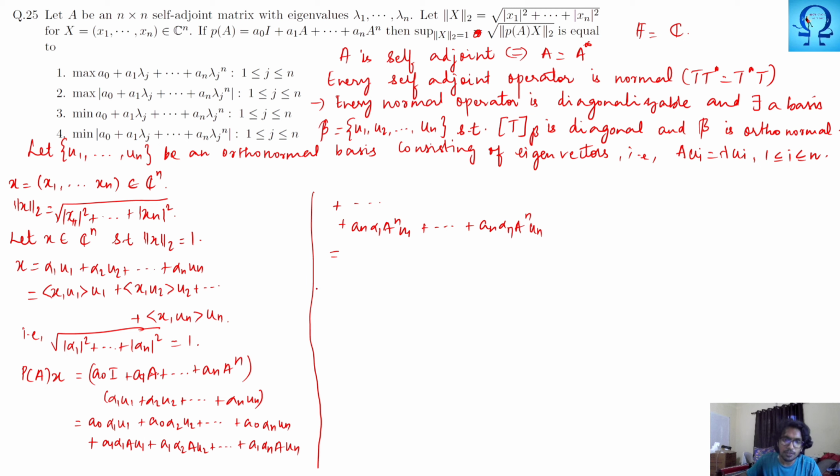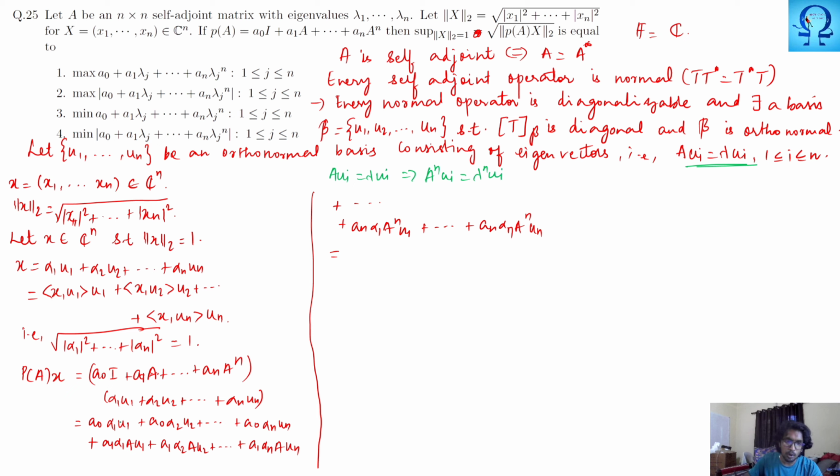So from this you just substitute the fact that A ui is equal to lambda ui, right? So when you have A ui equals lambda ui, this clearly implies that A power n ui equals lambda power n ui.